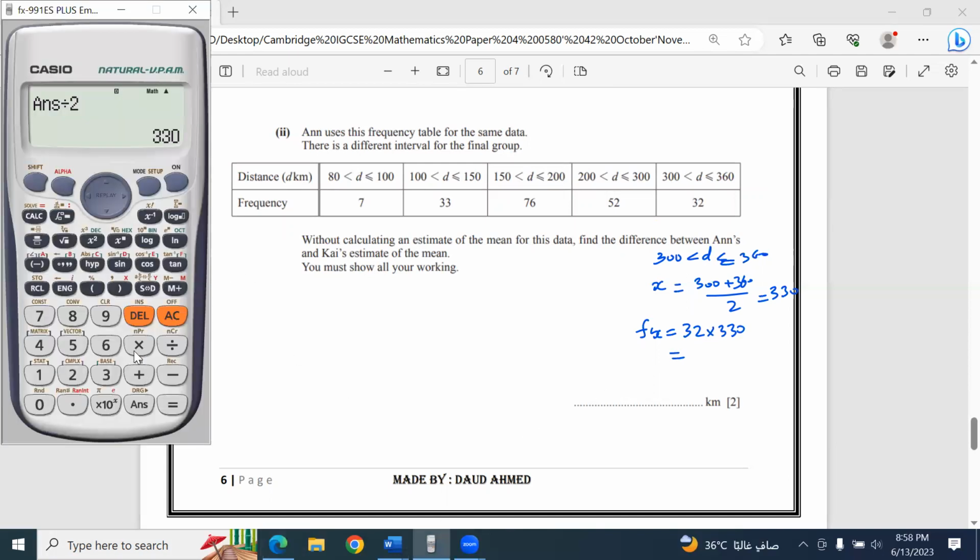And then fx means 330 multiplied by 32. It gives me 10,560. So this is the last interval value of fx.